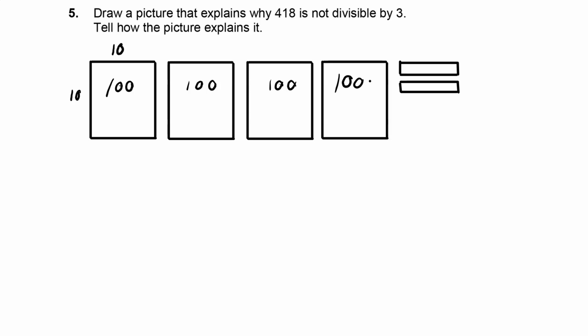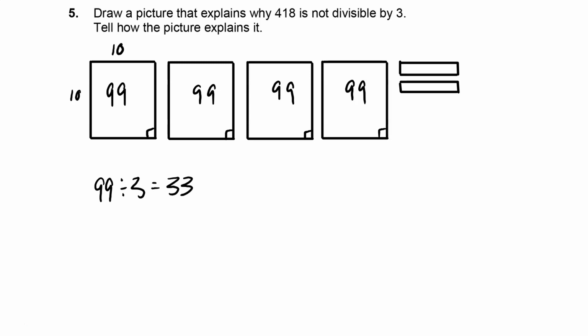So I'm probably going to back up a little bit, and rather than looking at hundreds, I'm going to stick with my 100 block, but I'm going to exclude just the very last block. So I'm not going to count the 100th block that's in there. And that leaves me then with 99 in each of those blocks, because we know that 99 divided by 3 is 33. So that is divisible by 3.